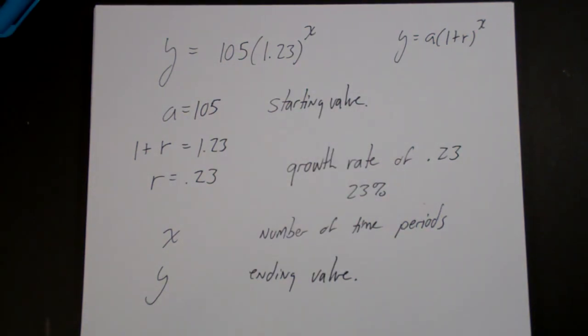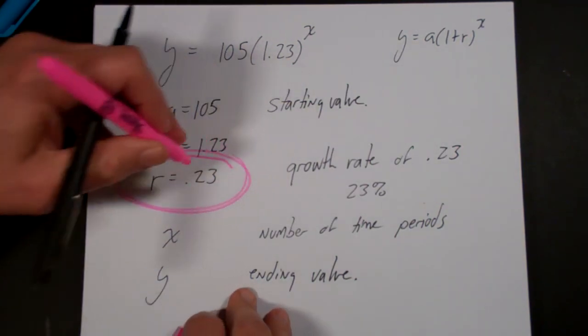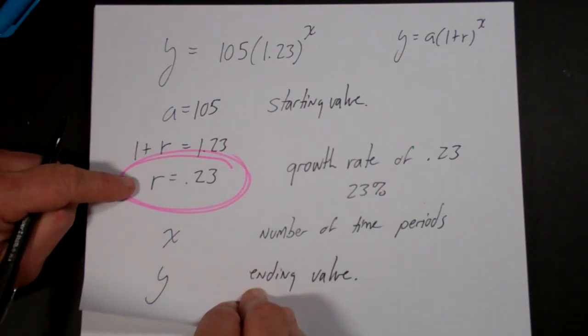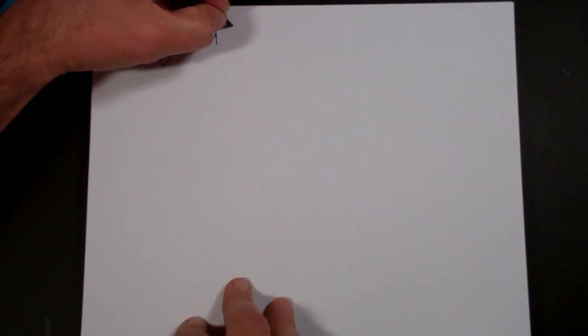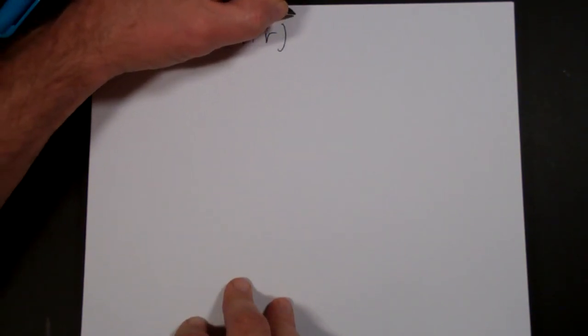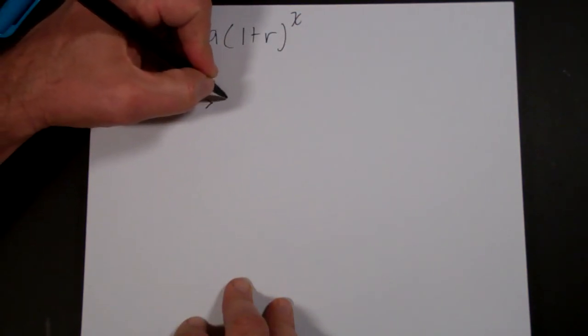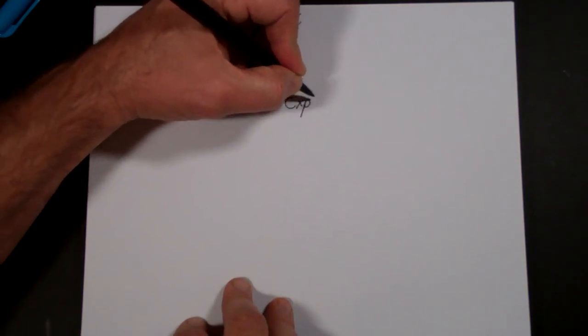So the first thing I want you to pay attention to is r here. r is either going to be a positive or a negative number. And in this case, r is a positive number, which means it has a positive growth rate. So let's look at our basic situation again. y is equal to a times (1 plus r) to the x. So if r is positive, then that's called an exponential growth problem.